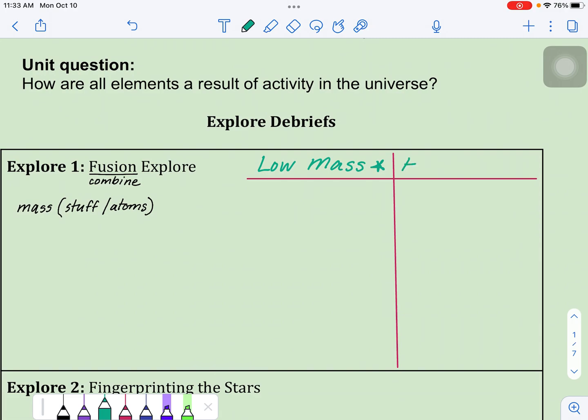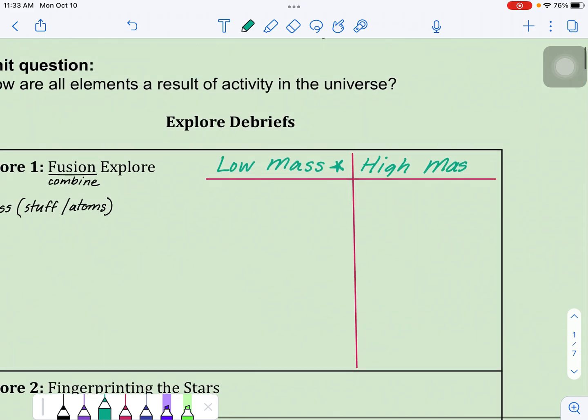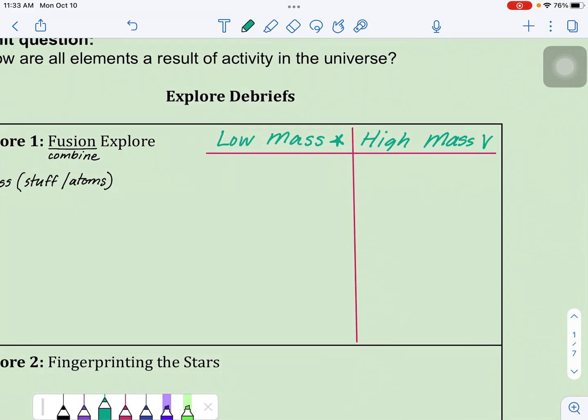We want to compare those to high mass stars. So we want to think about what do we know about stars in each of these categories in terms of some of the things that we see and we saw in the game.